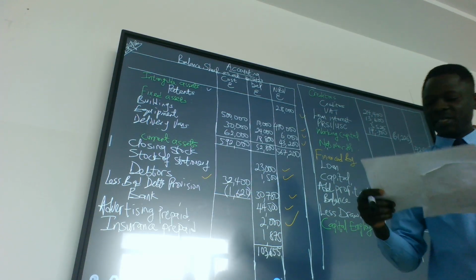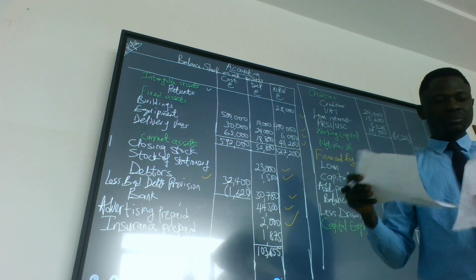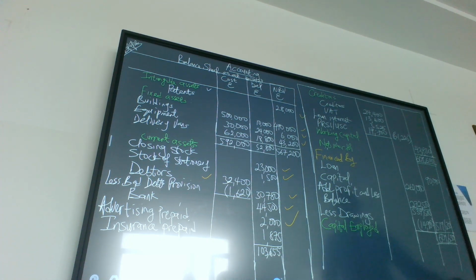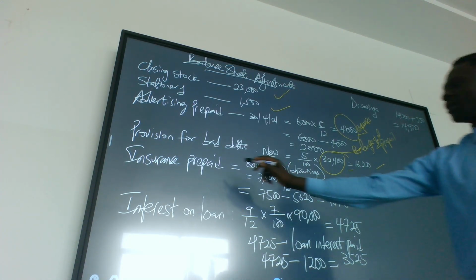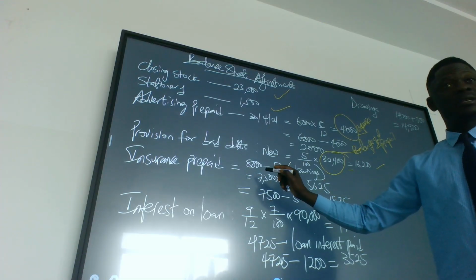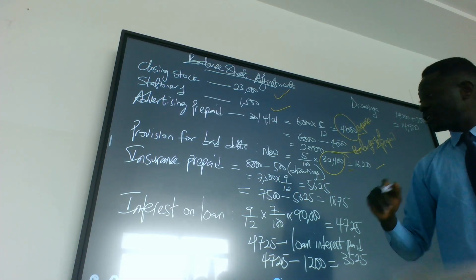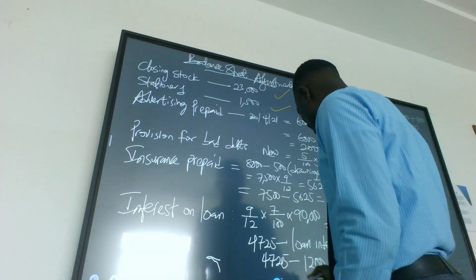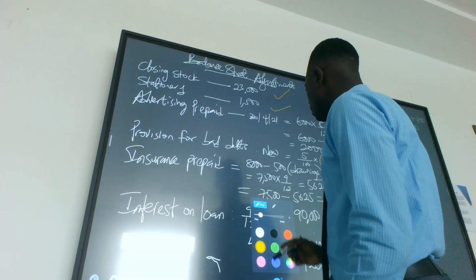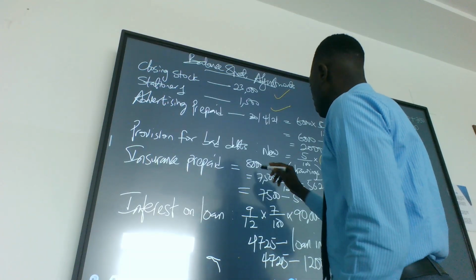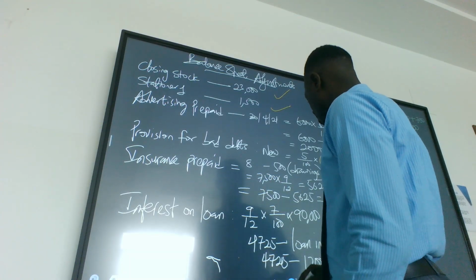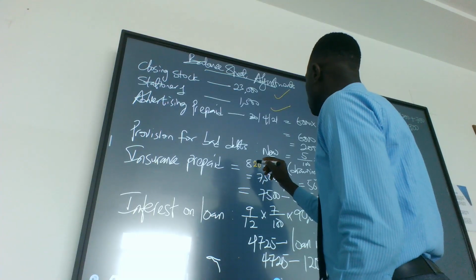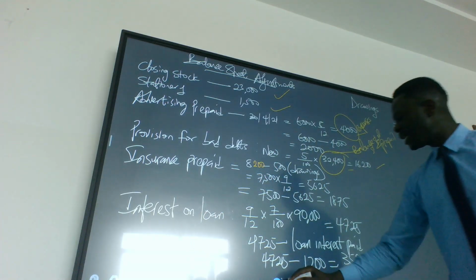Now we have insurance. Insurance prepaid. Insurance is 8,200, right? Sorry, I keep writing 8,000. So the total insurance is 8,200.